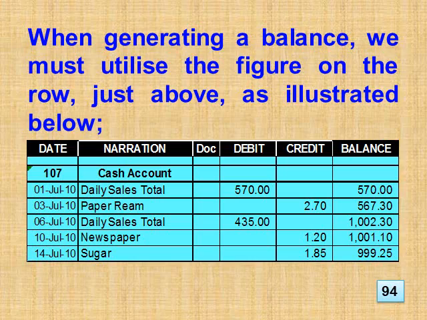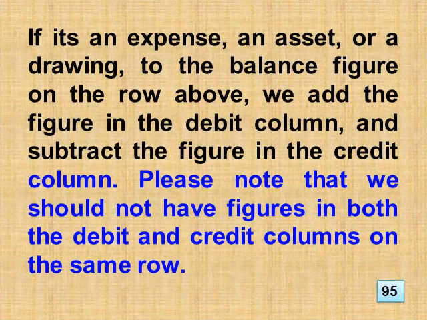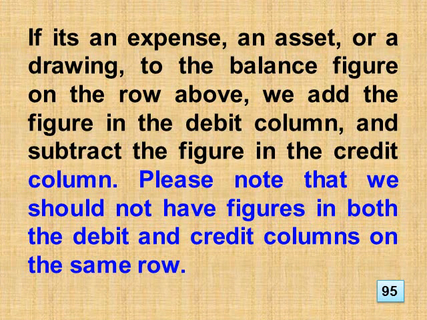It follows the balancing method for assets, expenses, and drawings. If it's an expense, an asset, or a drawing, to the balance figure on the row above, we add the figure in the debit column, and subtract the figure in the credit column. Please note that we should not have figures in both the debit and credit columns on the same row.